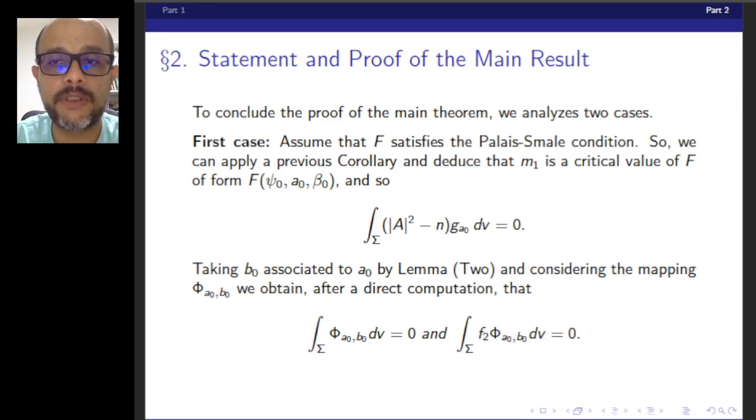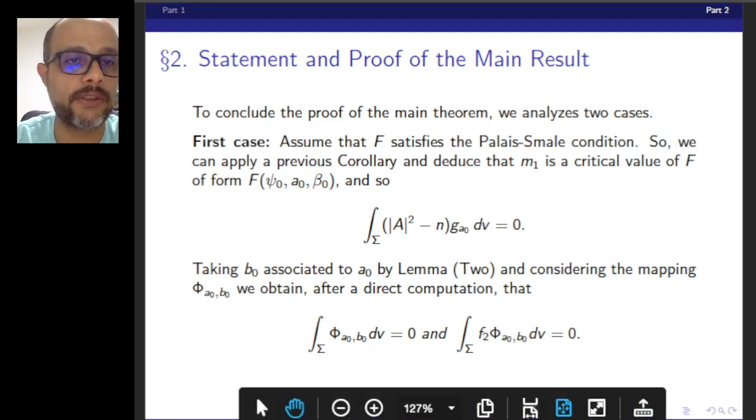And associated to this a_0, you can take b_0 using lemma 2, because the mapping J is an isomorphism from R^(n+2) to itself. Then you can find b_0 in such a way that these two conditions in the last line of the slide hold.